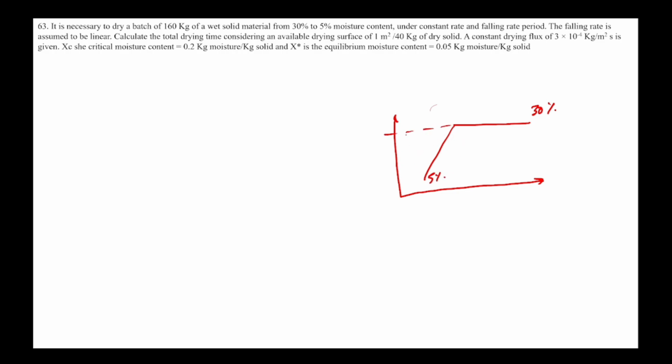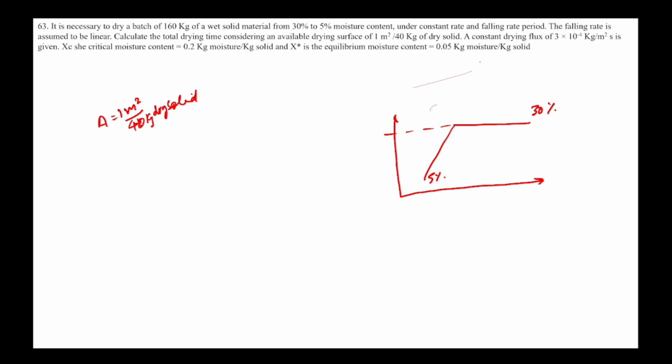Constant rate period, falling rate period. Calculate the total drying time. Consider available drying surface area 1 meter square per 40 kg dry solid.